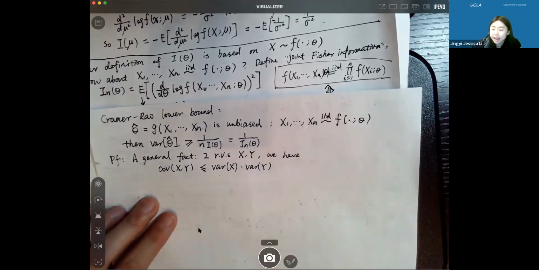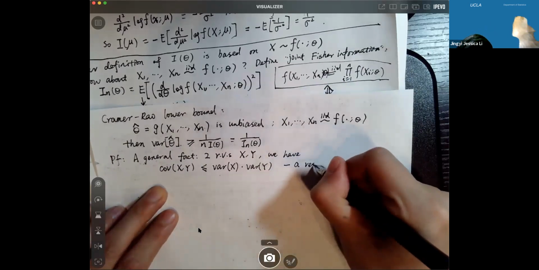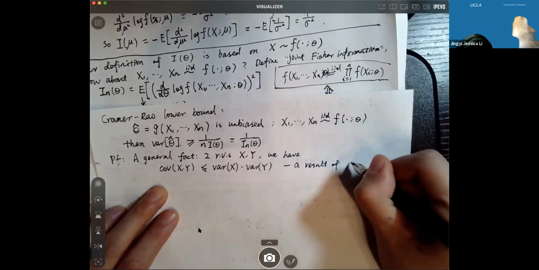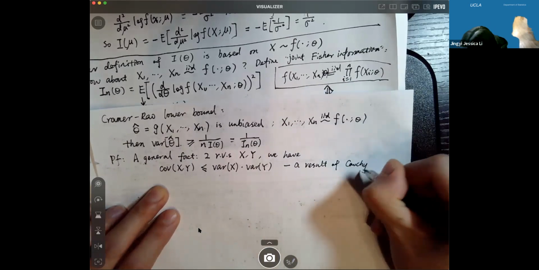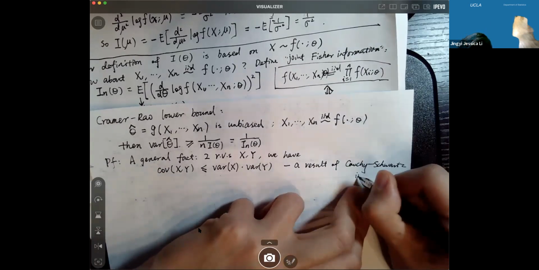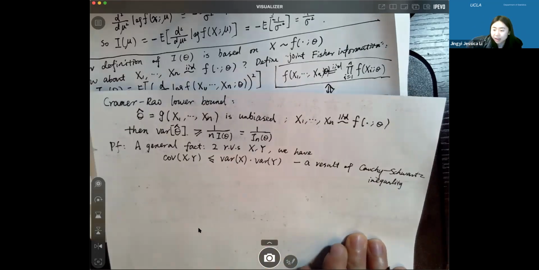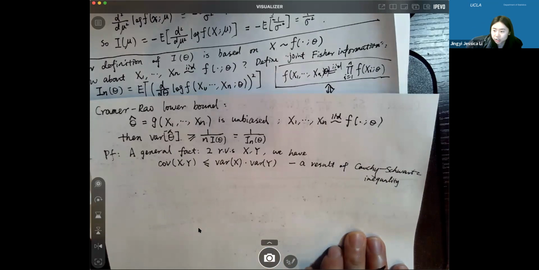This is actually a result from the famous Cauchy-Schwarz inequality. I don't know how many of you have heard of it, but if your high school math education was very rigorous, it should have covered this. If not, I think this is something we should know. It's a very important thing.